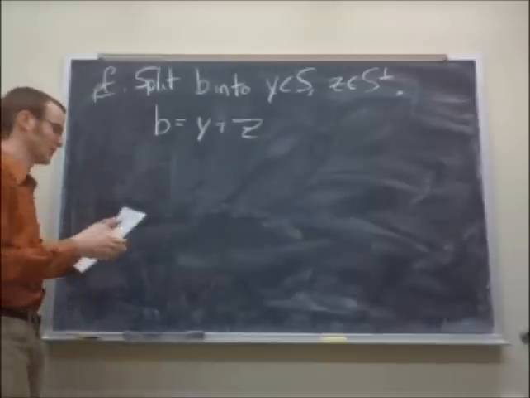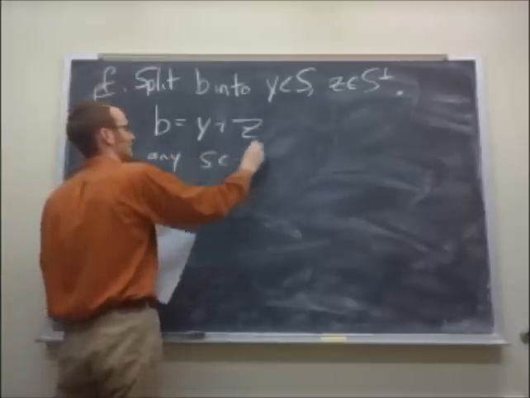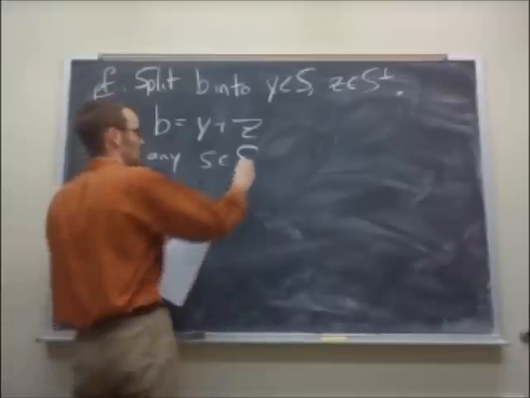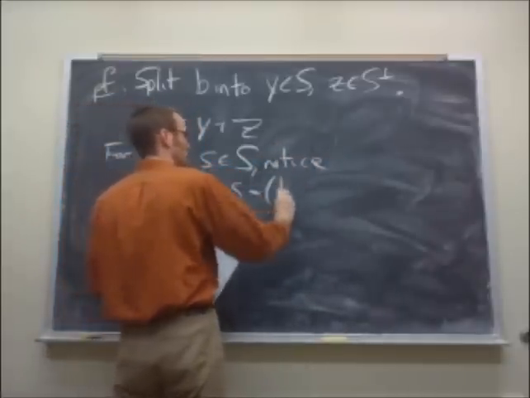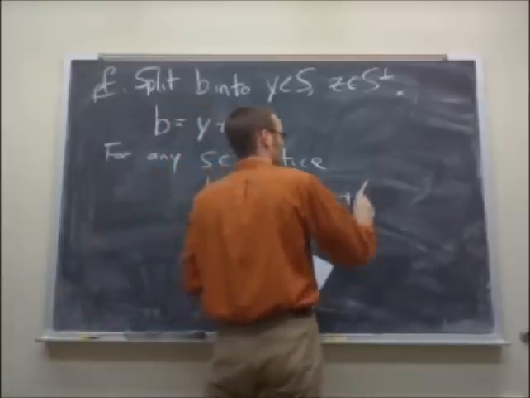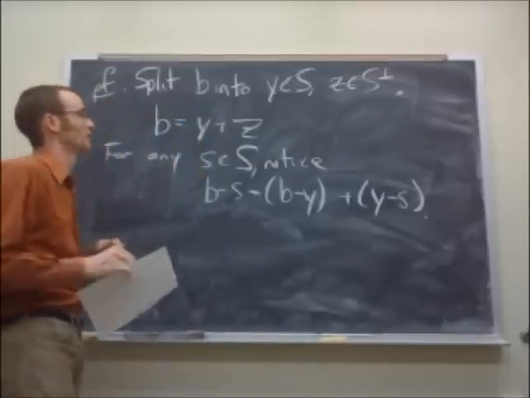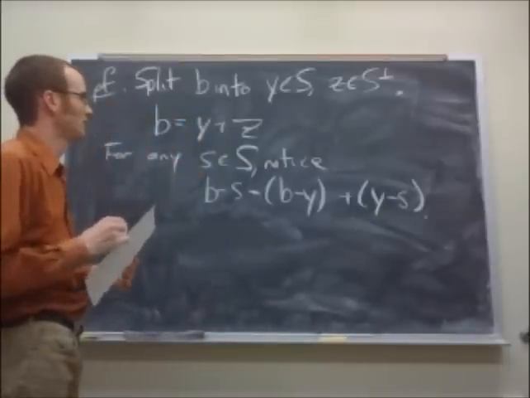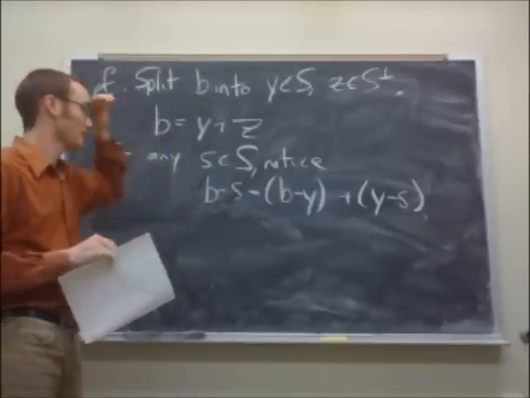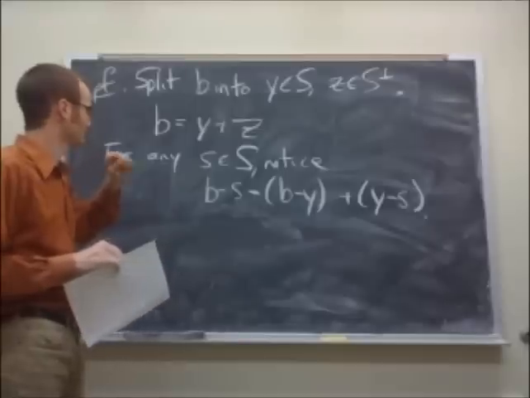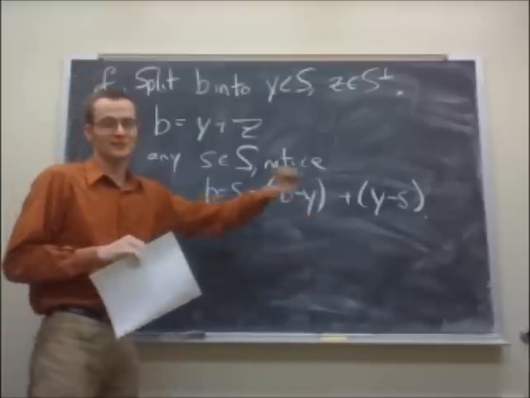Then for any s in S, notice that b minus s is equal to b minus y plus y minus s. The first part is the direct sum decomposition, and for any s in S, this is just adding and subtracting y.